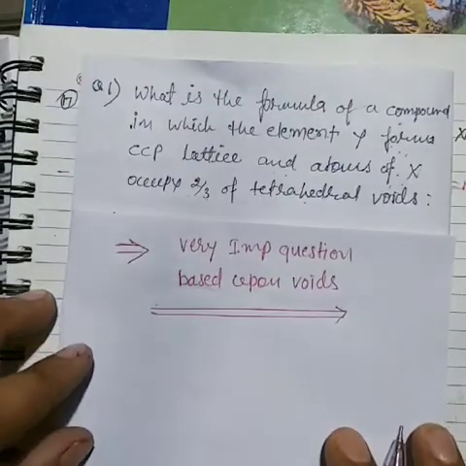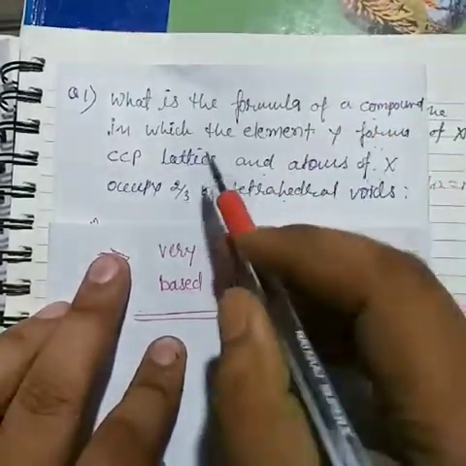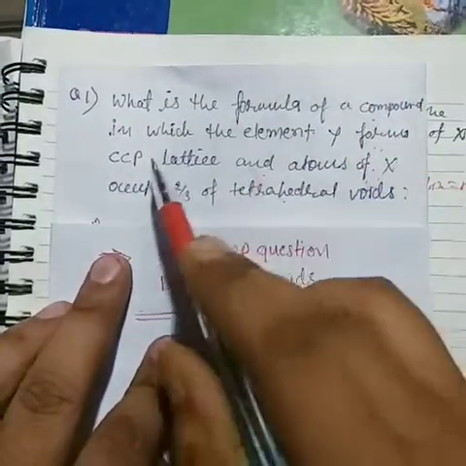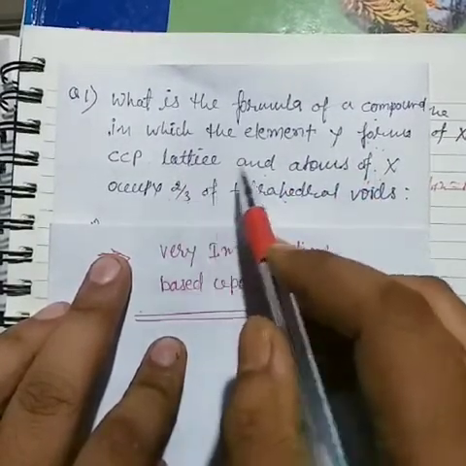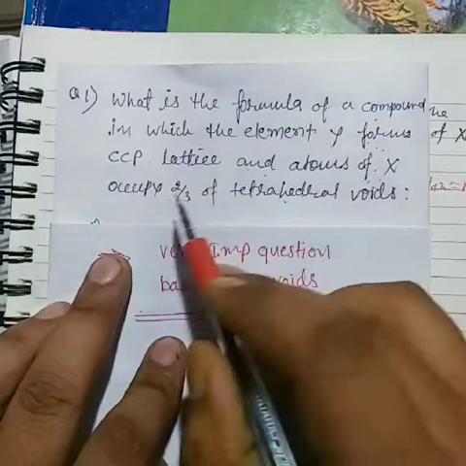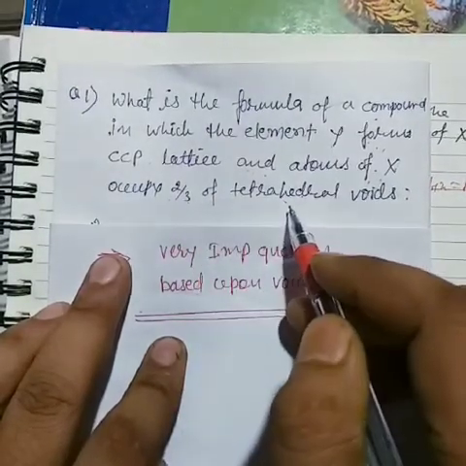First of all, question number one: what is the formula of the compound in which element Y forms a CCP lattice and atom X occupies 2 by 3 of the tetrahedral voids?